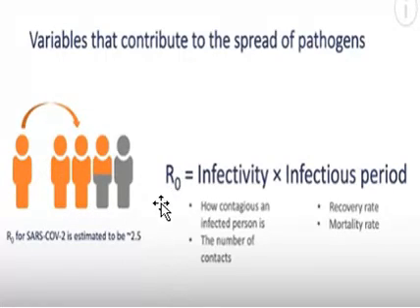So we have to think of what is this R0. R0 is depending on infectivity and infectious period. Infectivity is how fast, how efficient the spread of the virus.